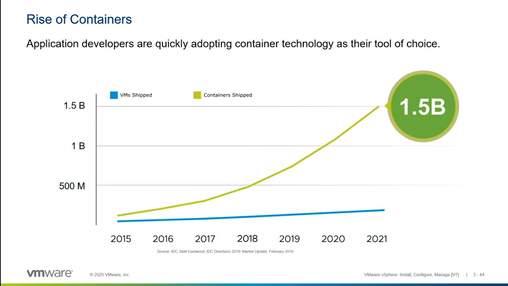Containers have really taken off in popularity. If you look at this interesting little chart here, you can see in the last 5 or 6 years here where the numbers of virtual machines that are kind of out there have remained relatively flat, okay? But in terms of containers, we can see an exponential growth in the use of containers. Now, is this a realistic picture?